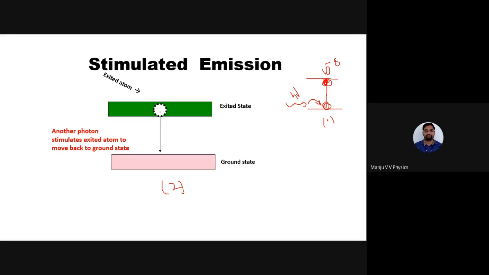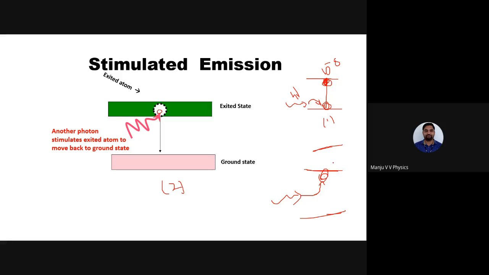Atom was in the excited state. Now you pass some external energy. I told you already, you have to pass appropriate energy. You might ask, sir, the atom is in the excited state; but the moment you pass energy, this atom may absorb it and go to the next energy level: ground state, first excited, second excited.